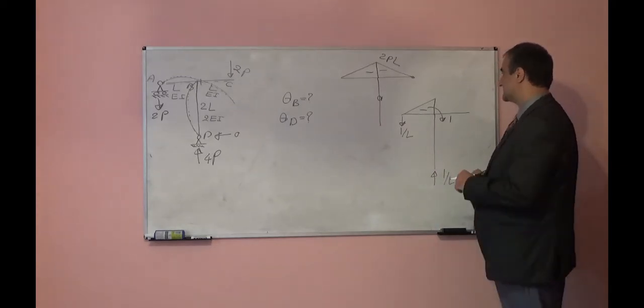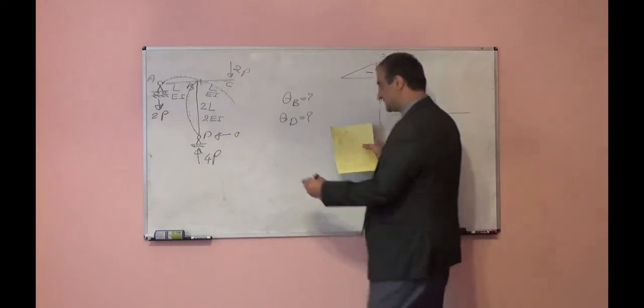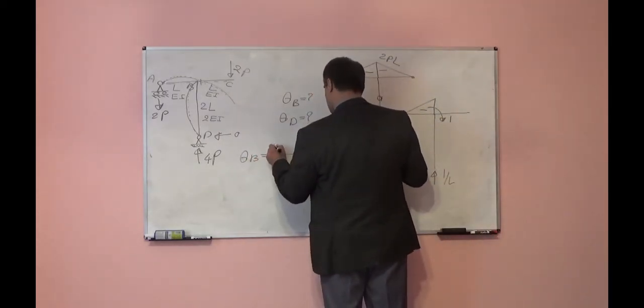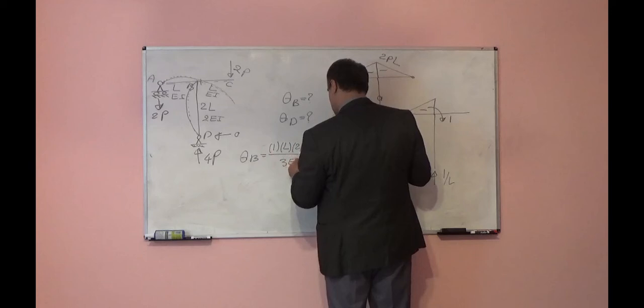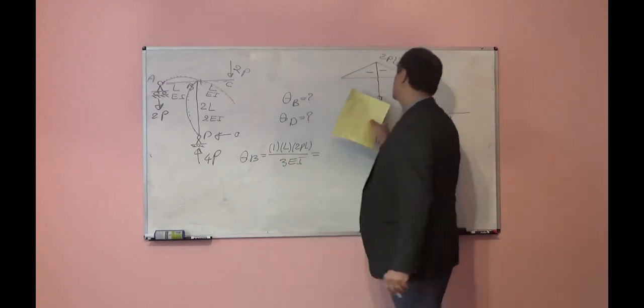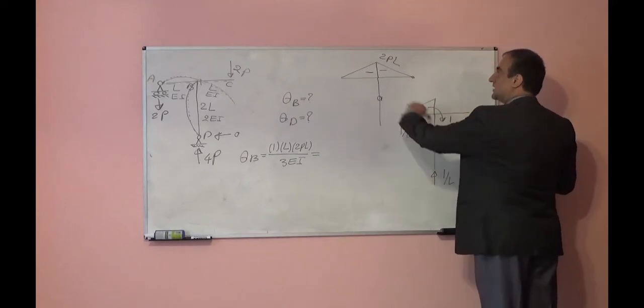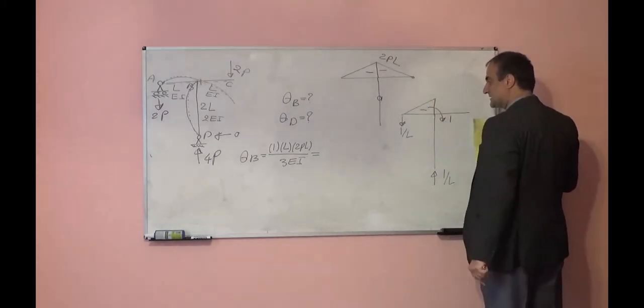You can find this. So these two systems, if I multiply together, theta B will be equal to 1 times L times 2PL divided by 3EI, because triangle to triangle, the coefficient is 1 over 3. 1 times 2PL, negative times negative is positive.